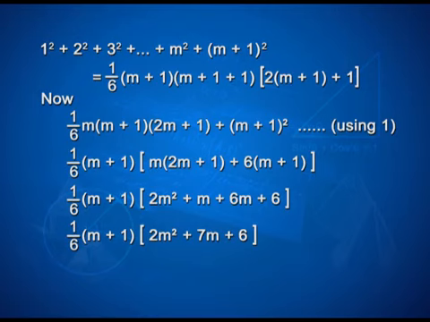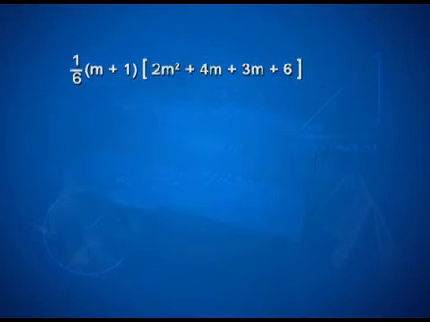See, we have got a quadratic polynomial here, which can be factorized using splitting of middle term. 1 upon 6 m plus 1 into 2m square plus 4m plus 3m plus 6.